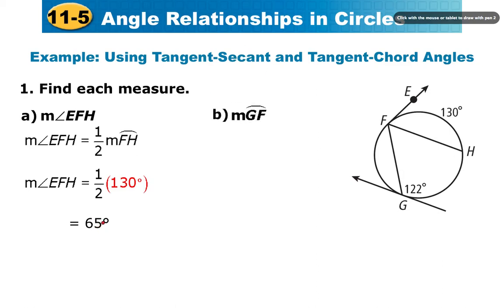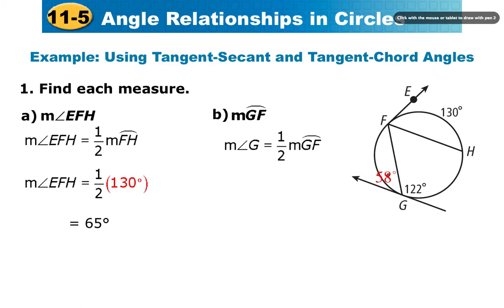Part B, they want you to find the measurement of arc GF. Here's GF. So we're going to use that same theorem, 11.5.1. But before we continue, you should be able to see why. Well, this is the equation that we get when we apply the theorem 11.5.1. Now you should be able to see why this is 58 degrees.